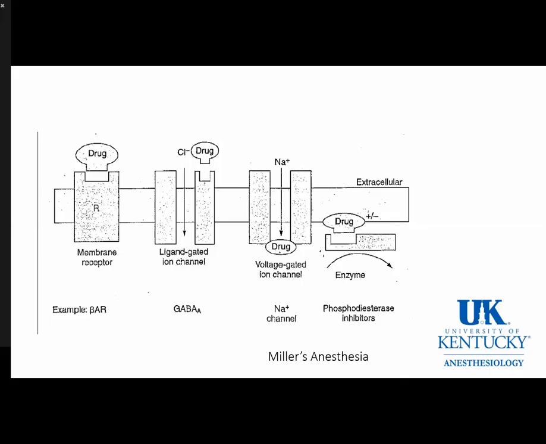Perhaps the easiest to understand is typically considered a G protein coupled receptor, shown here in the far left. Drugs like opioids combining with, say, mu receptors are an example of this, or this could be a beta adrenergic receptor onto which a drug like isoproterenol could combine.